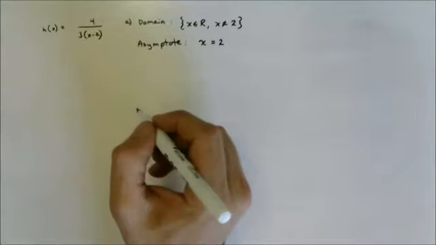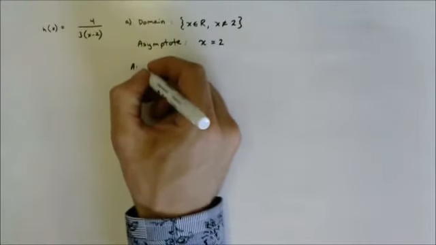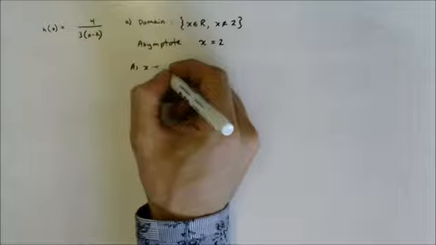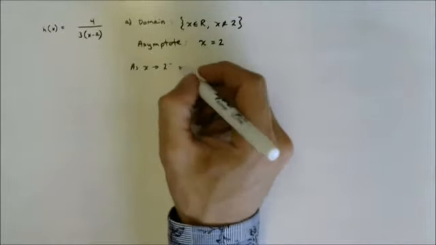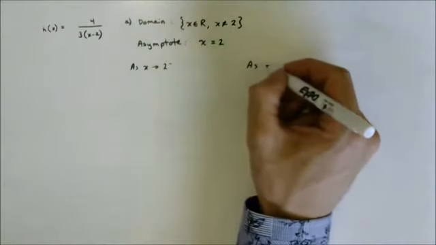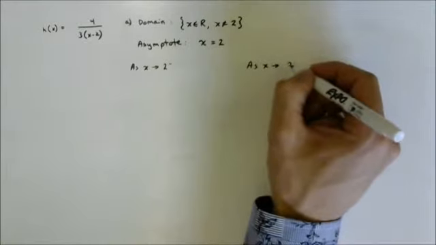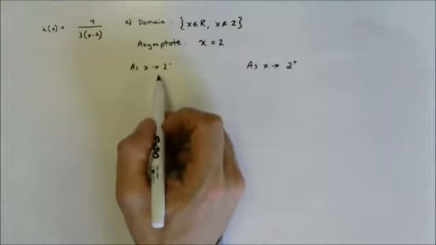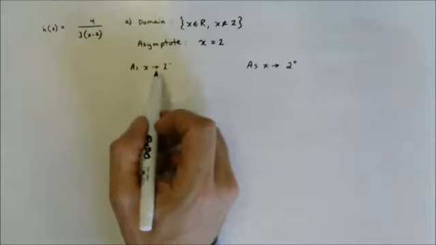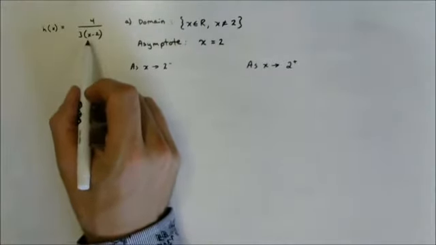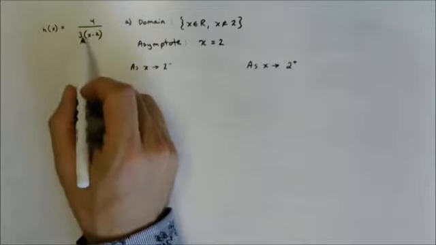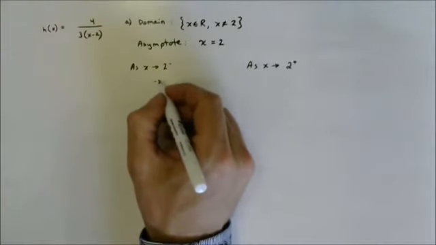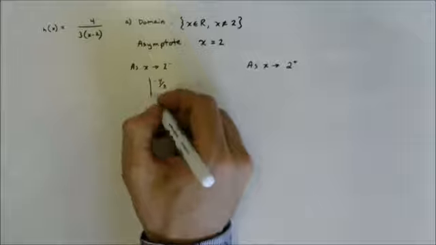That's helpful. Let's go as x approaches the asymptote from the left, and as x approaches from the right. See if we can do it without making a table here. From the left means we would start at 1. If we sub in a 1 here, we end up with 4 over negative 3. Maybe I will make the table.